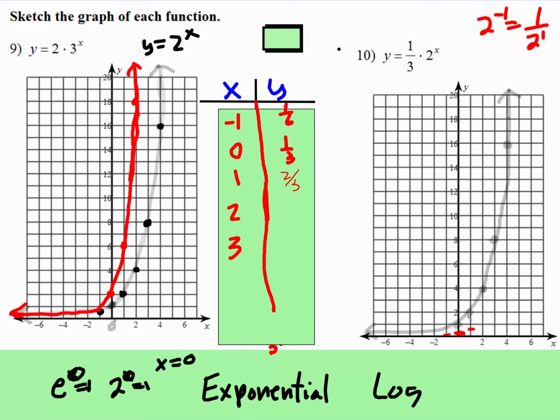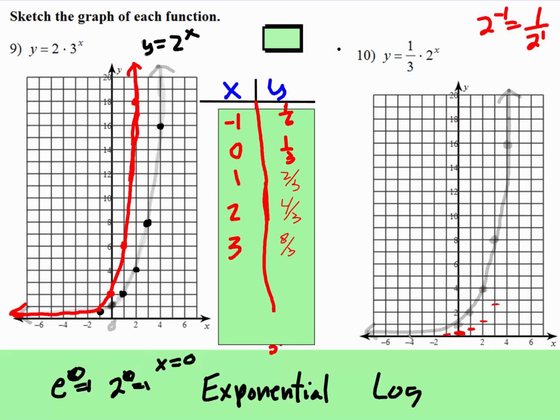When we put 2 in, 2 squared is 4. 4 times 1/3 is 4/3, which is 1 1/3, which is about there. For 3, 2 cubed is 8. 8 times 1/3 is 8/3, which is just under 3, so it's 2 2/3.